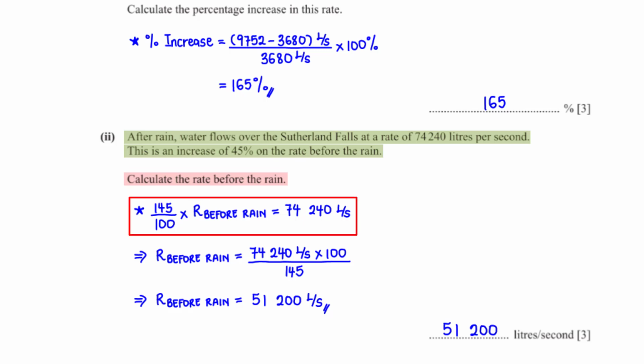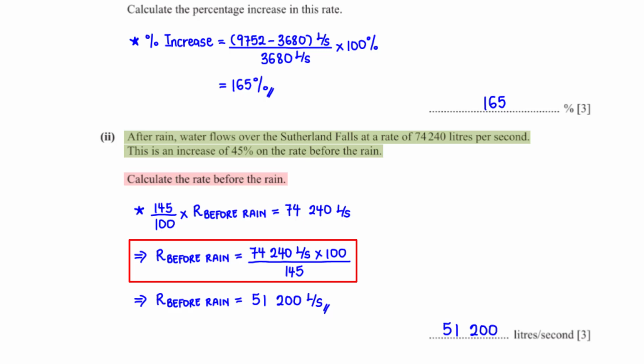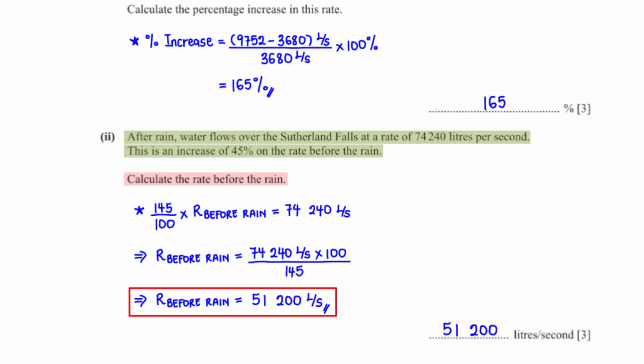So we have 145% of the flow rate before the rain equals 74,240 liters per second. When we make the flow rate before the rain the subject, this is what we have, which is equal to 51,200 liters per second.